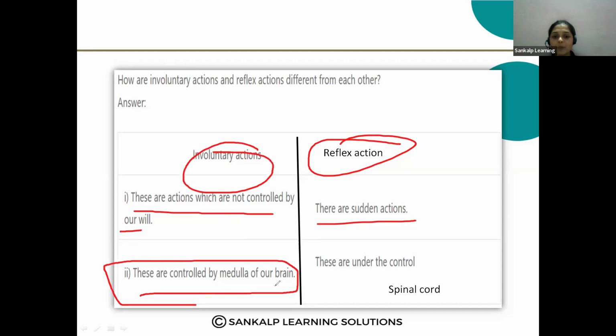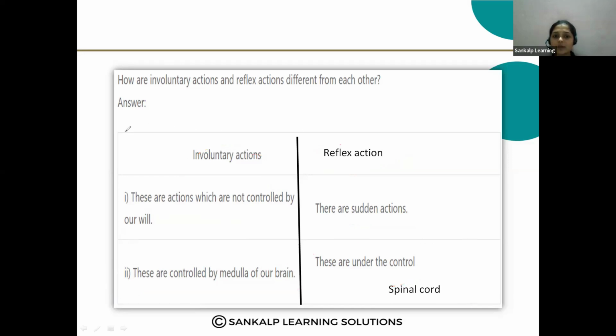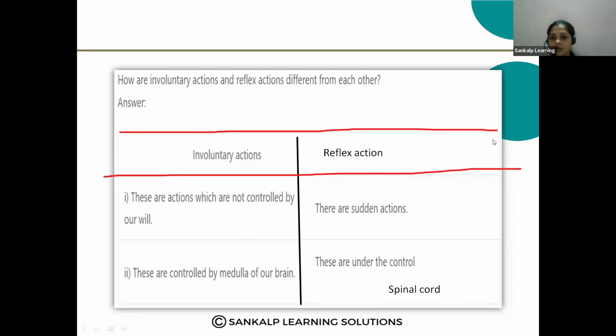That is the medulla. And the reflex action is controlled by the spinal cord. Okay, write down the answer. While writing the difference, you should make two columns like this and write the answer. Note down the answer, students. Don't just watch the class, make some notes that will be useful for you later.